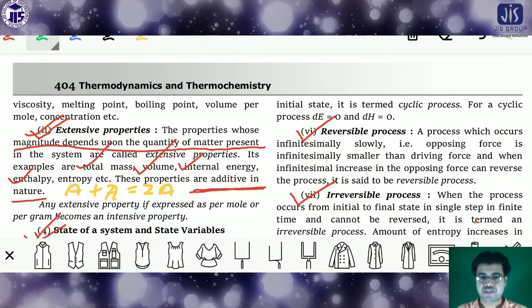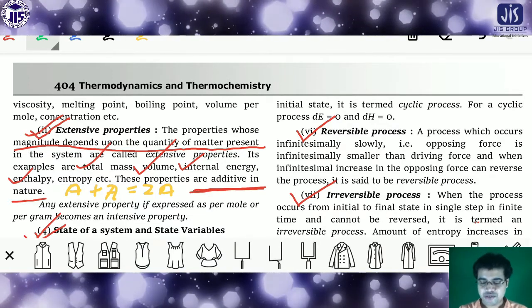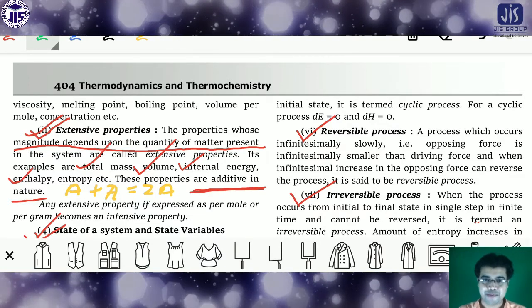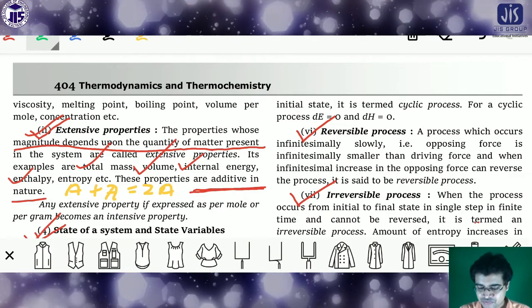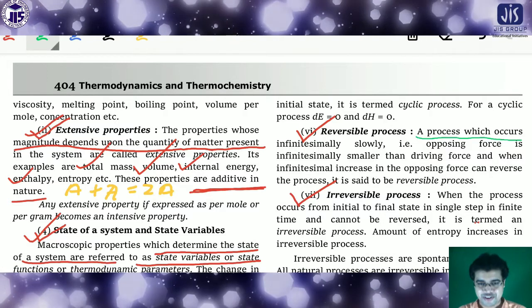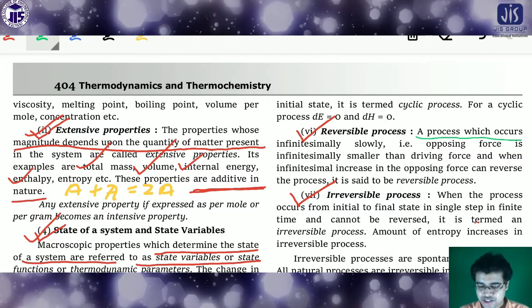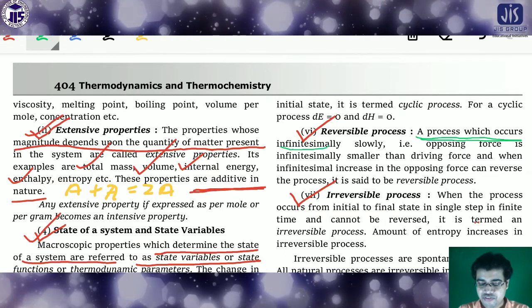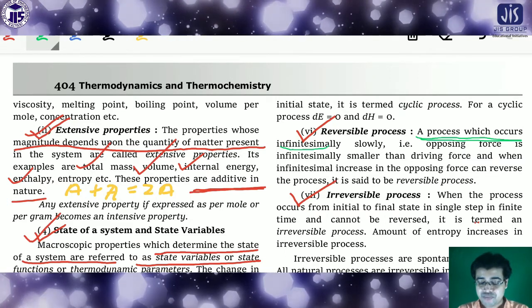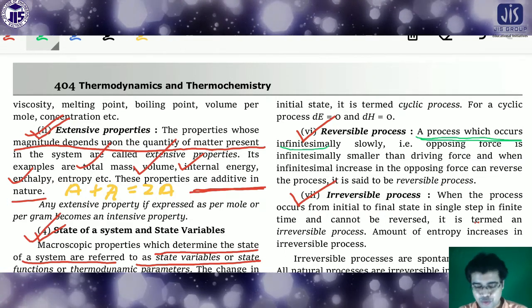If we consider the reversible process, this is a very slow process. So a reversible process is a process which occurs infinitesimally slowly. That means it is a very slow process.